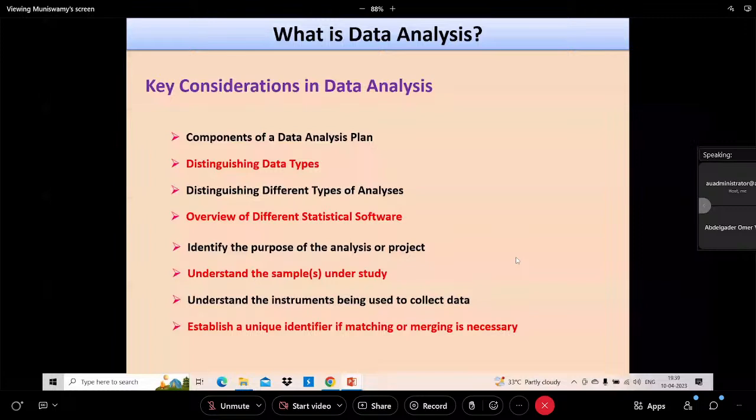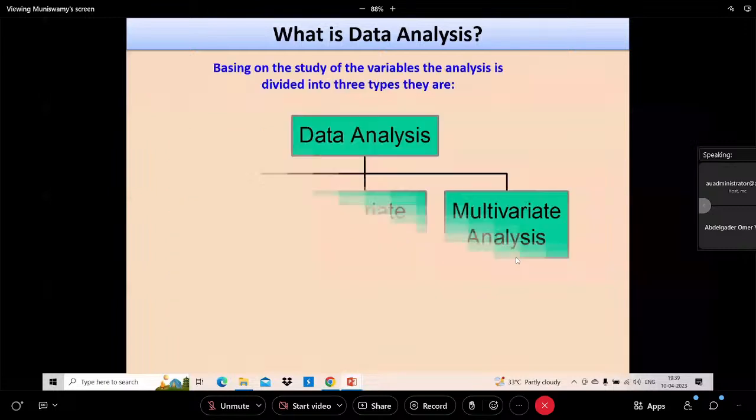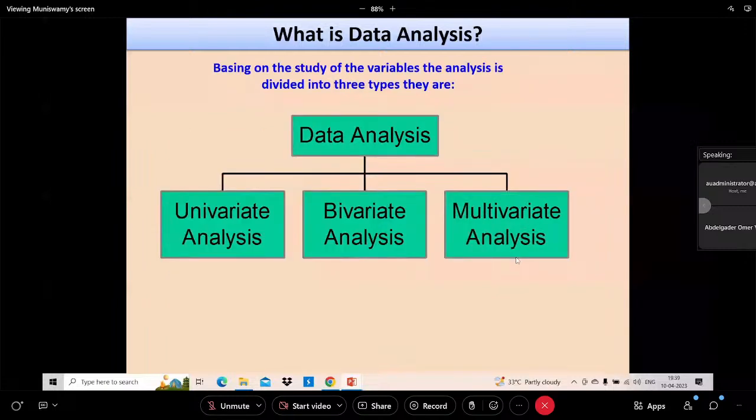Univariate means only single variable analysis. I am concentrating on only one variable. But for project work, one variable won't be sufficient to analyze the data. You need at least two variables. For example, in fish culture, the growing of fishes in different ponds, fresh water, salt water or plain water, studying only the height of a fish is not useful information.